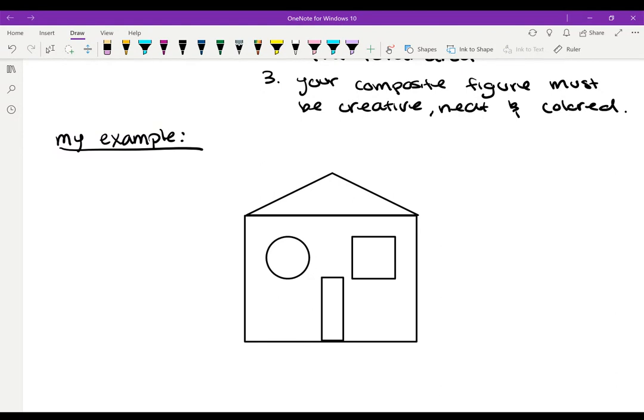So here is my composite figure. Since we're finding the area of each figure, what I'm going to do is my composite figure is not going to include these 3 inner areas. So it's going to be everything that I'm highlighting in blue.